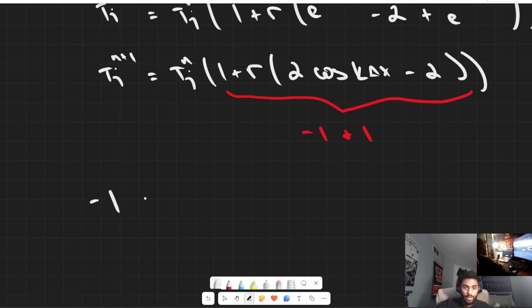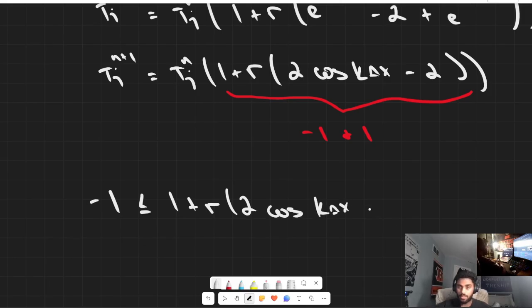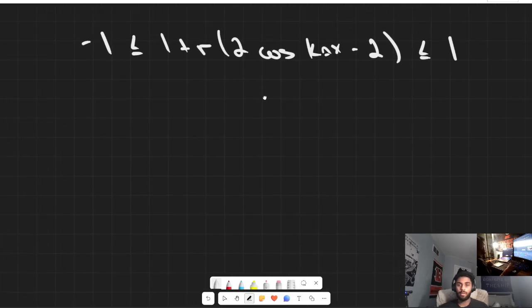So we can set up an inequality. So minus 1 less than or equal to 1 plus r times (2 cosine k delta x minus 2). And so we have this inequality that allows us to kind of manipulate our cosine and our r to allow us to kind of bound our r to some value.